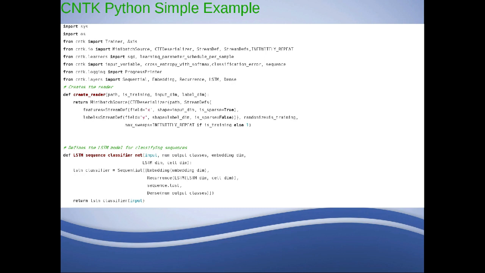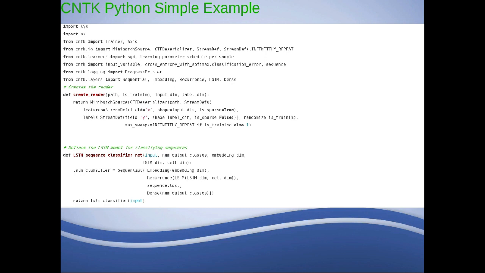In the slide you see a simple CNTK program used for classifying data. Here in this code snippet, you see a data reader constructor function which instantiates a minibatch source reader from a text stream object constructed from the CTF deserializer class.